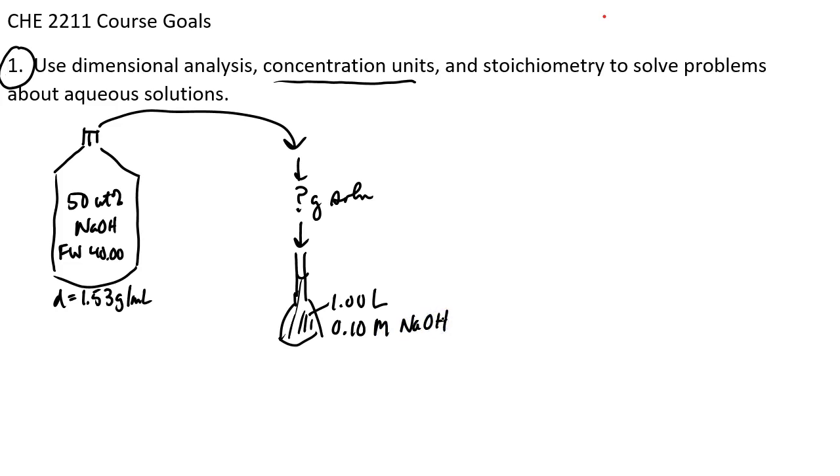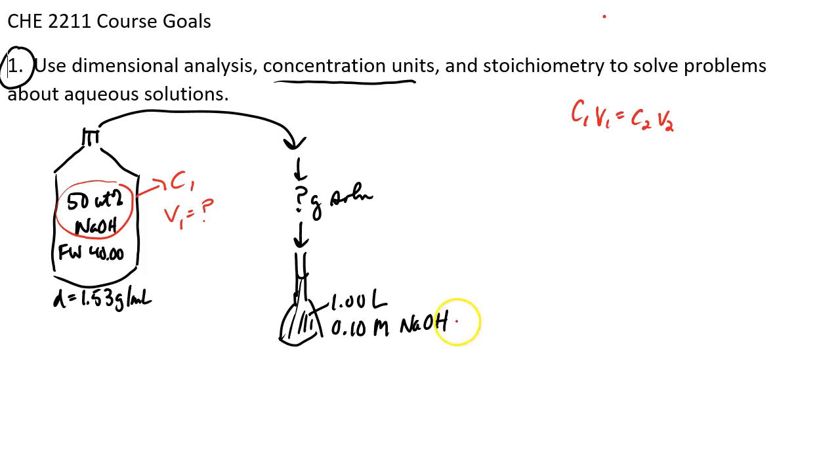So there are a lot of different ways that you could solve this problem. Some of you may want to approach this problem as a dilution problem, and you may want to use the dilution equation where C1V1 equals C2V2, and you might want to call this C1, and you might want to say, well, what is V1?